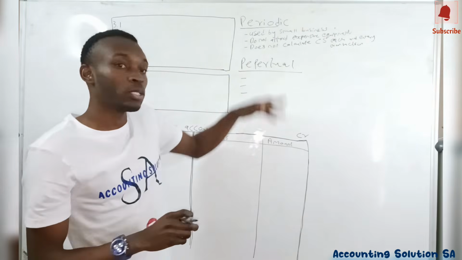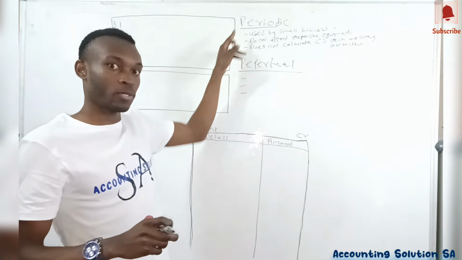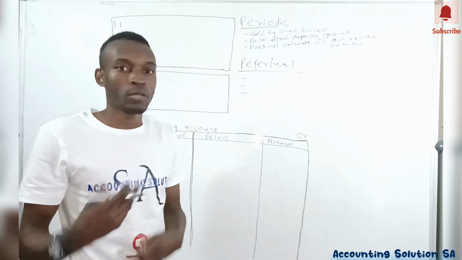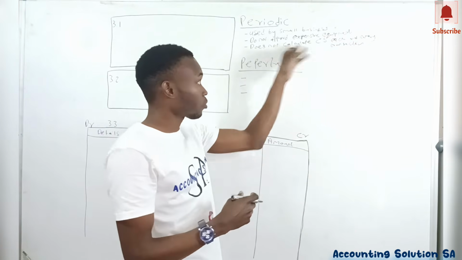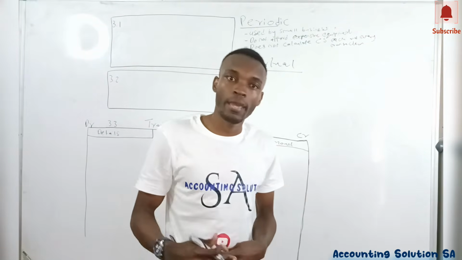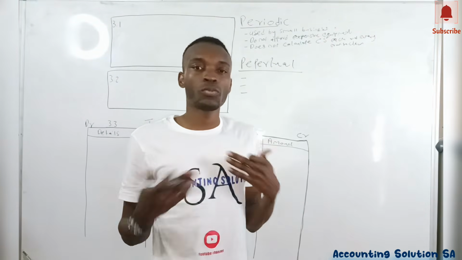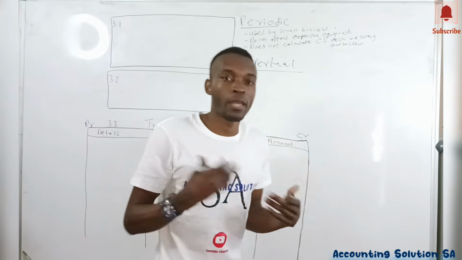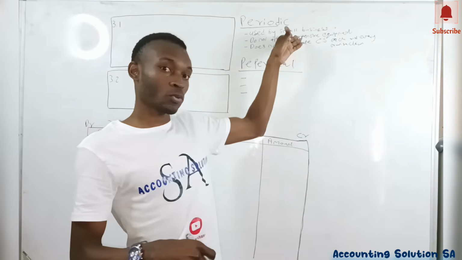So that's what you have to know under a periodic inventory system. It simply means that when you calculate a cost of sales under a periodic, you are only going to calculate it at the end of the year, and you are going to use a manual formula to calculate your cost of sales.